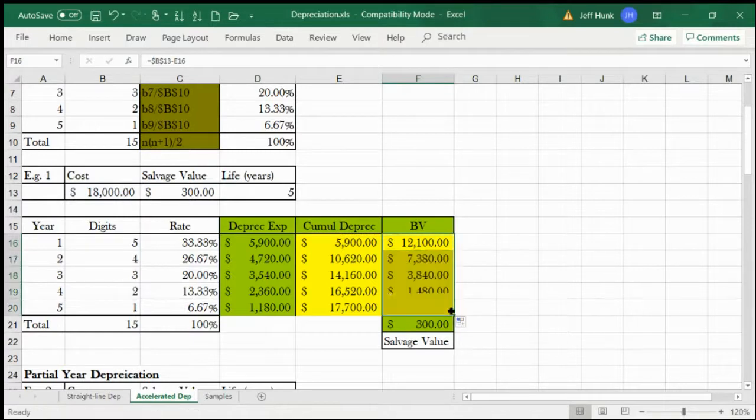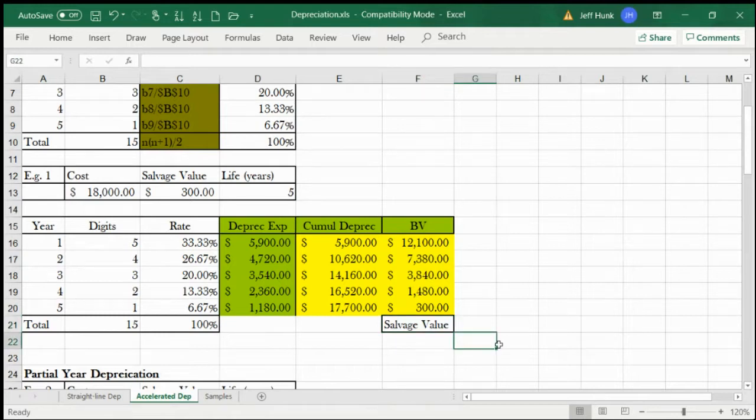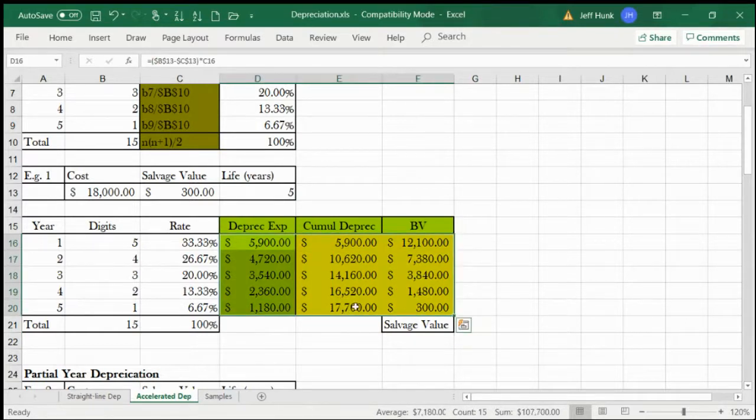And you drag it down. There you go. See? And then I don't need it here because that's the salvage value, right? So the book value at the end is exactly the salvage value. So our depreciation schedule is complete and it checks out. It's perfect, right?